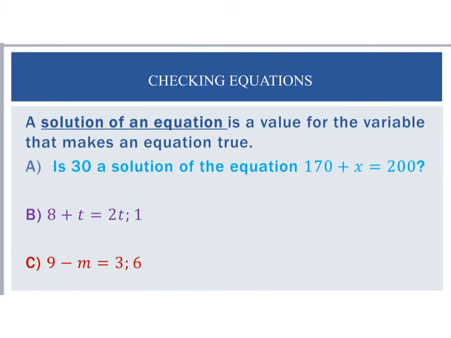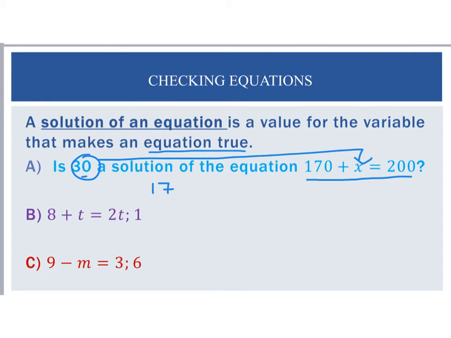A lot of times when we're dealing with equations, we have to find the solution of an equation. And a solution is nothing more than something that makes the equation true. So for part A, we have to determine, is 30 a solution of the equation 170 plus x equals 200? To figure this out, I'm going to take this 30 and plug it in for x.